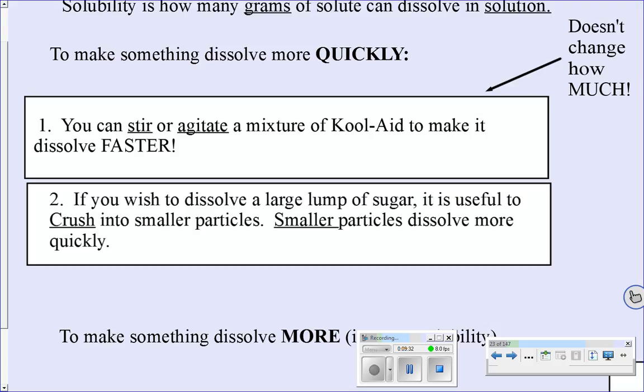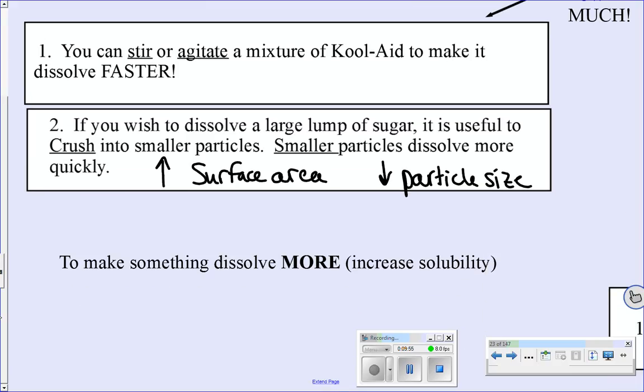If you want to dissolve a large clump of sugar, you would crush it into smaller pieces. So what you're doing here is increasing surface area, in other words, decreasing particle size. If you want sugar to dissolve quickly, you can do so if it's in smaller pieces.